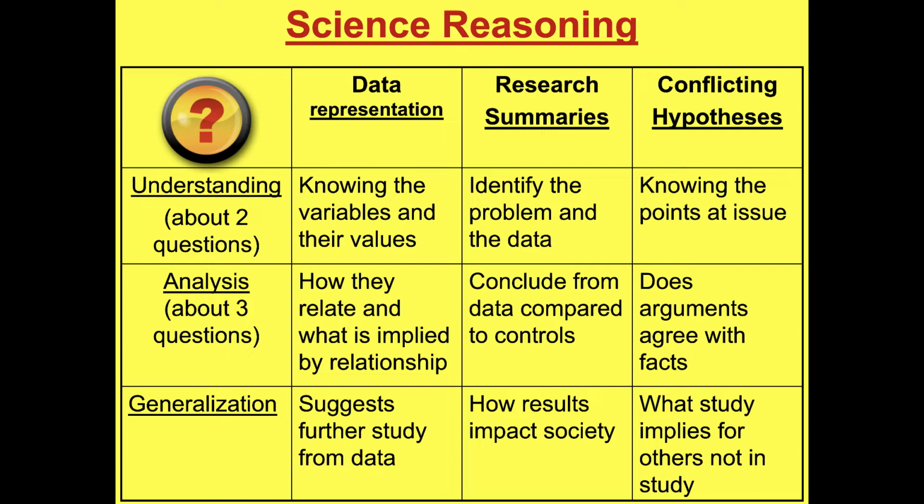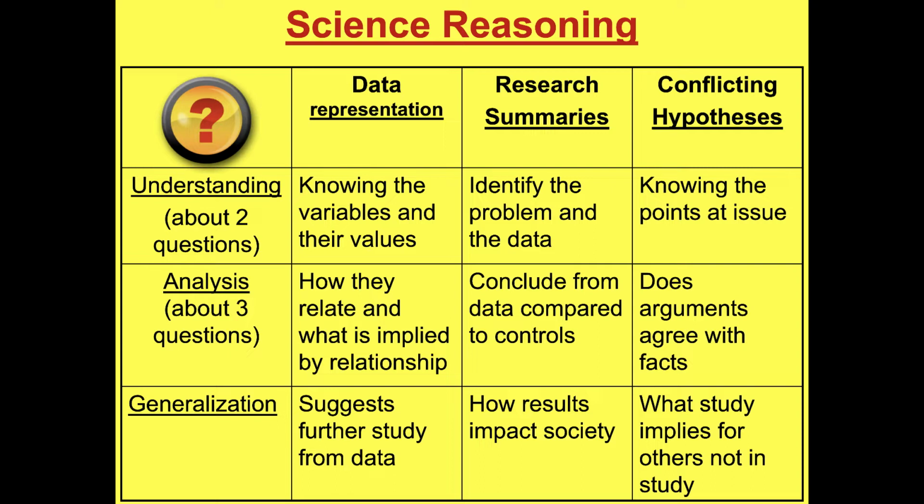The next two sections, which will be the next 2 weeks, include research summaries, which is in many ways a review of the scientific method that we talked about last week. In that area, you identify the problem in the data, you make conclusions from the data compared to controls, and you see how that can be generalized more broadly.